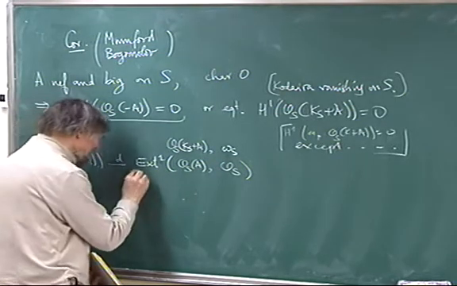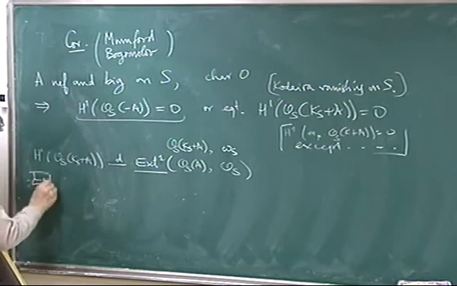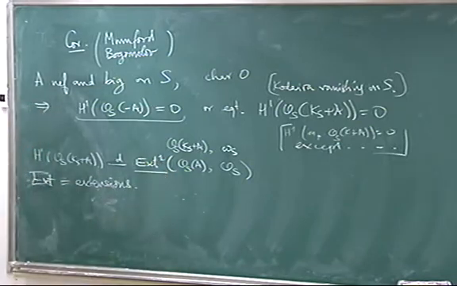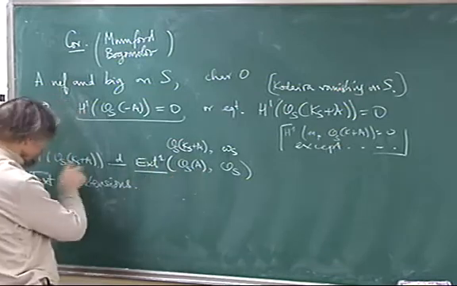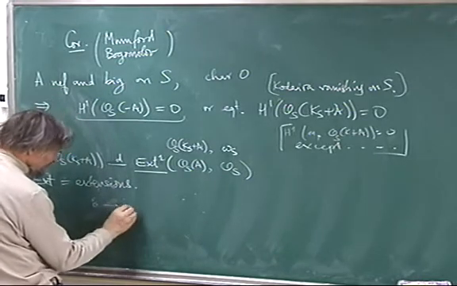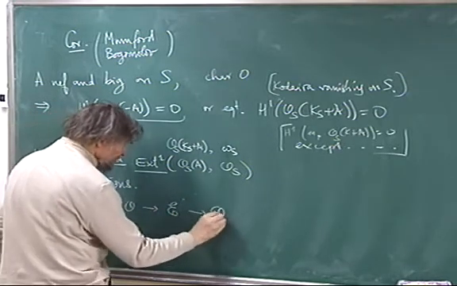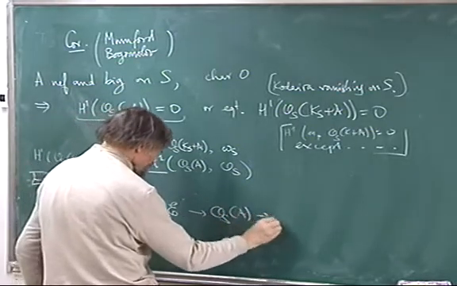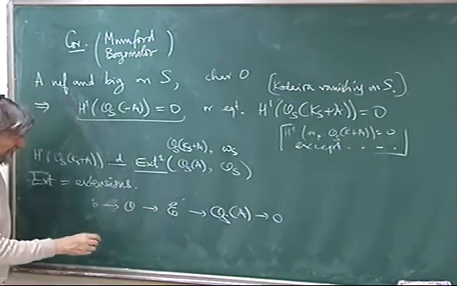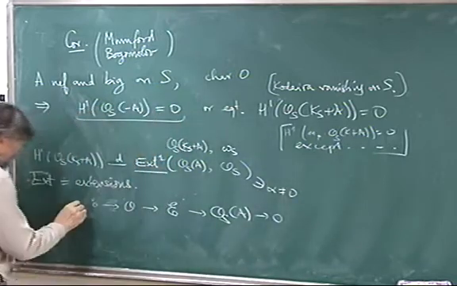And what is Ext1? Ext1 is extensions. So you go back to wherever you read about Ext or homological algebra, and you'll get that this is 0 goes to O, goes to E, goes to OS of A. What I want is, if I've got an element alpha in there which is not 0, then I have a sequence like this which is not split.